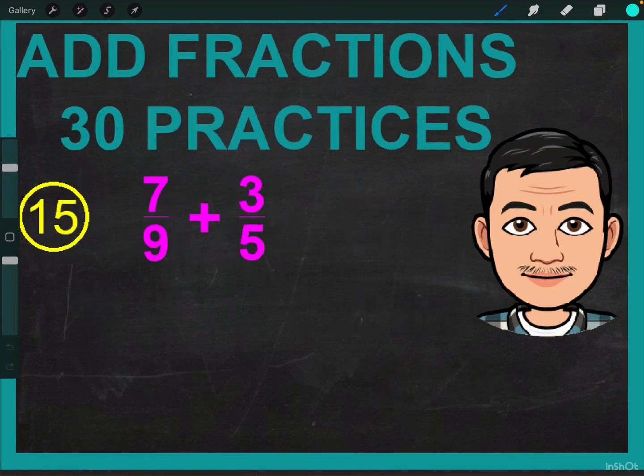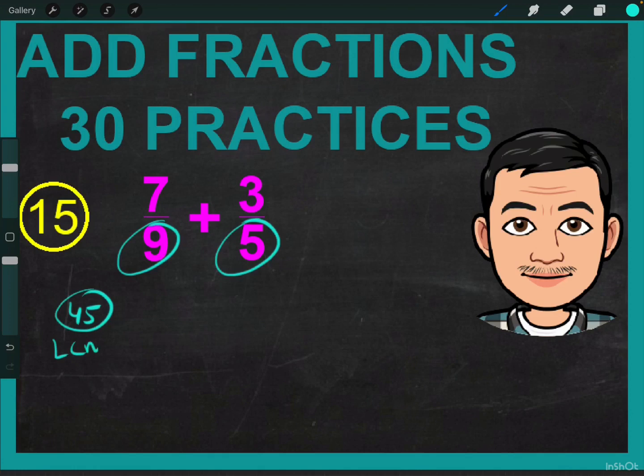Practice number 15. The two fractions have two different denominators, 9 and 5. The LCM for 9 and 5 is 45. So we will convert the first fraction into 7 times 5 over 9 times 5. And the second fraction is 3 times 9 over 5 times 9.